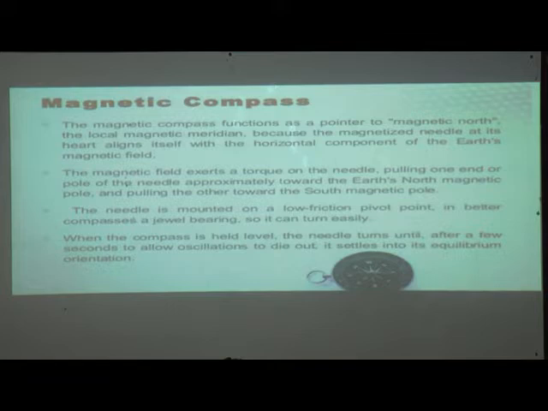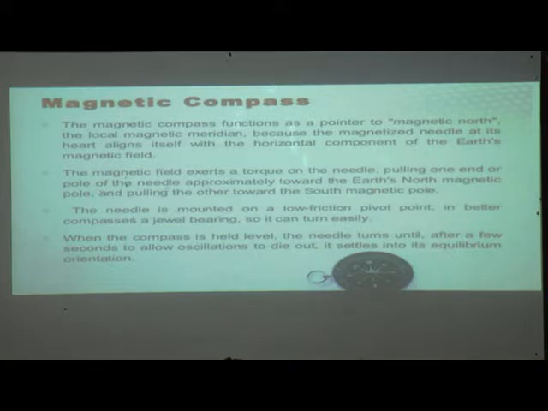We know Earth has one end as the north pole and another end as the south pole. So whatever way the needle is pointing, north and south, that needle is exactly showing Earth's magnetic field.